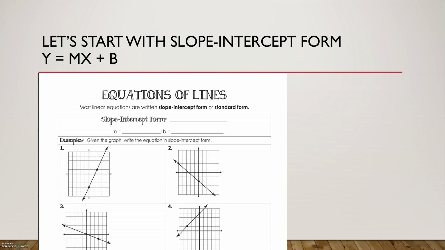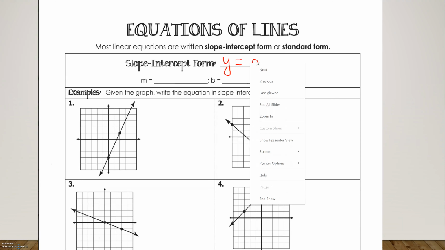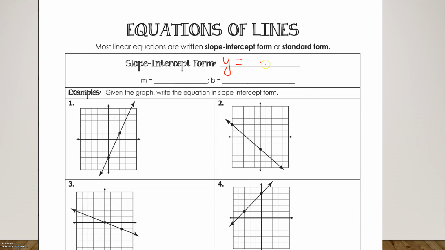So we're going to start with our worksheet, so make sure you open your packets to equations of lines. And the first form that we're going to talk about is mx plus b. So in your notes, we're going to write the generic formula for the slope-intercept, which is y is equal to mx plus b.